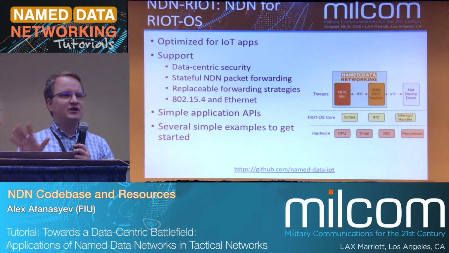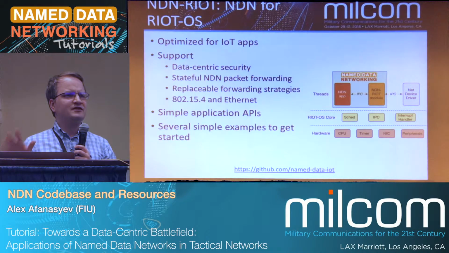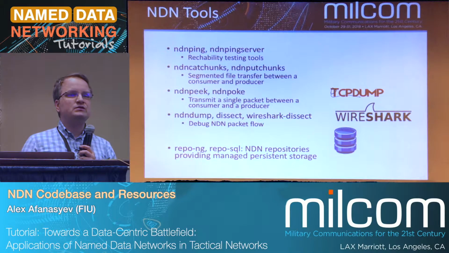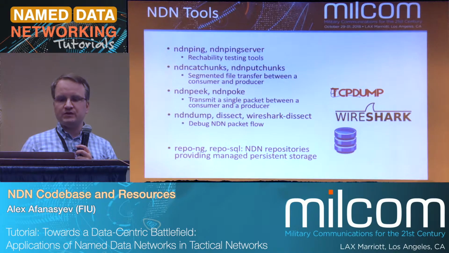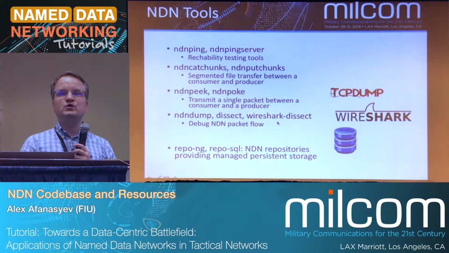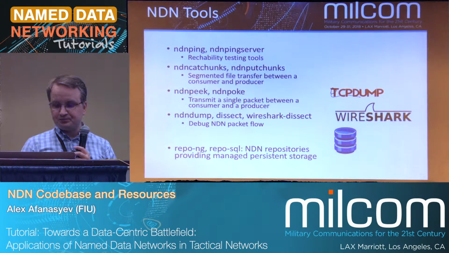This platform is extremely constrained: it's a 16, maybe 32-bit processor, with kilobytes of RAM and very limited storage space. There are a lot of tools available for debugging purposes if you want to play with this: basically the NDN equivalent of ping tools, the NDN equivalent of netcat tools, and various other things like a Wireshark dissector, if you would like to observe what exactly is happening with the traffic.